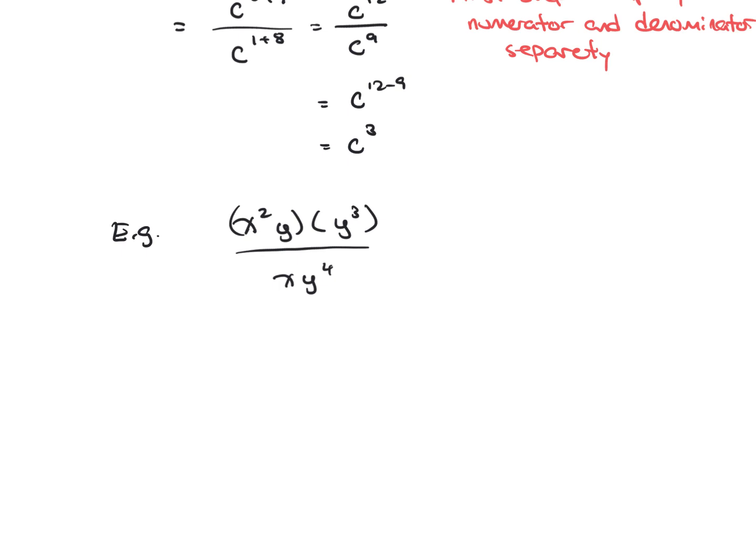Let's try that. So it's all products and divisions of powers here. We have different bases going on. We have x's and we have y's. So it looks complicated, but really simply, just do the x's.